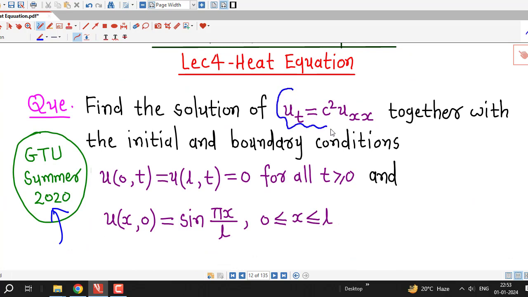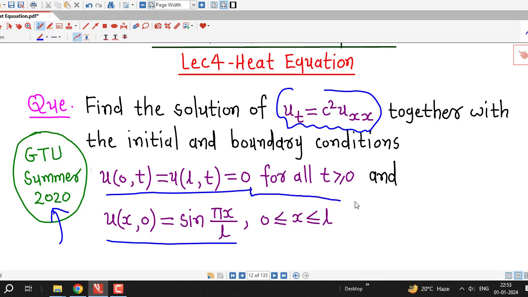Here we are given to find the solution of the heat equation together with this initial condition and these two boundary conditions. So it is clear that temperature is 0 at both the ends of the metal rod. Suppose this end is at x equal to 0 and this is at x equal to L, then the length is denoted by small l.